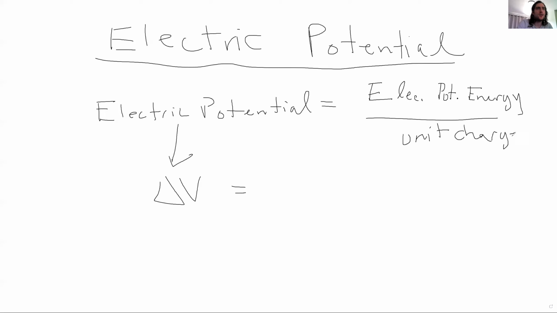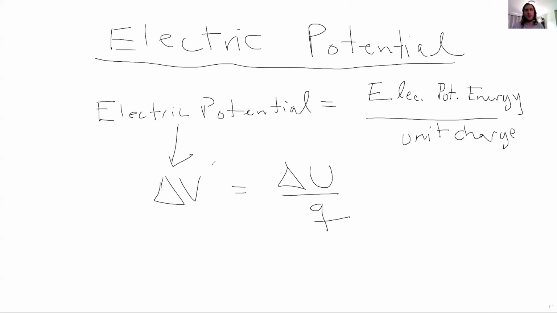Okay, it's electric potential energy per unit charge, like so. Let me make sure I'm following the book's notation here. Okay, they use Q0 instead of Q, so we're good. So this is electric potential energy here. It's electric potential energy per unit charge.